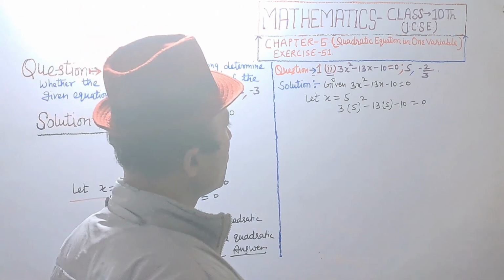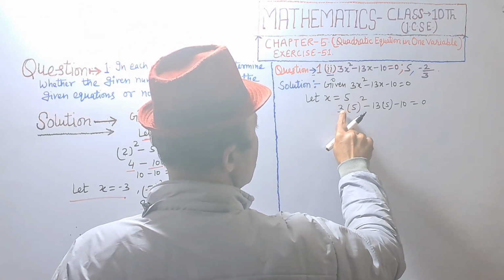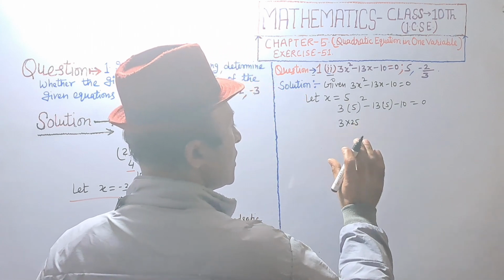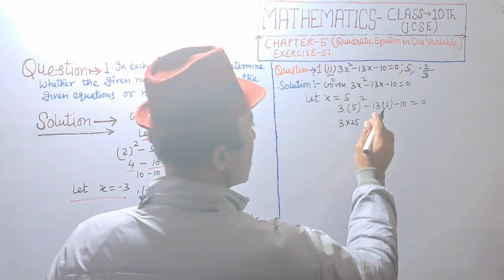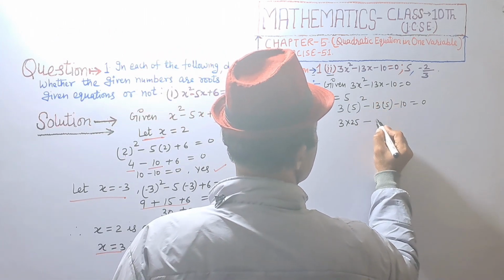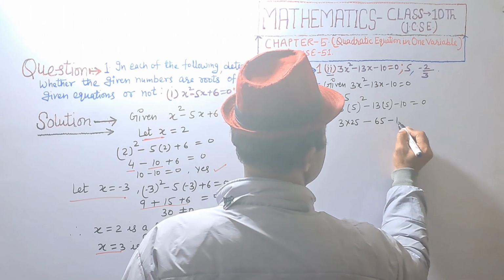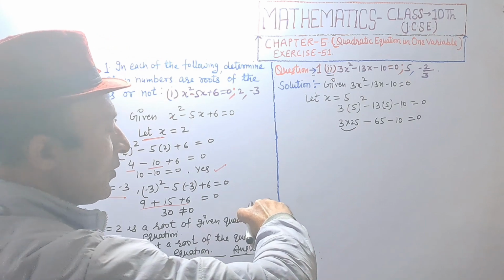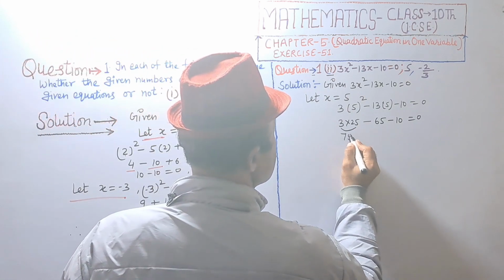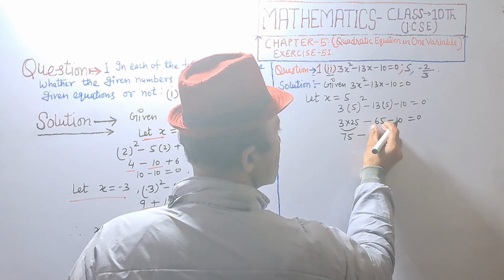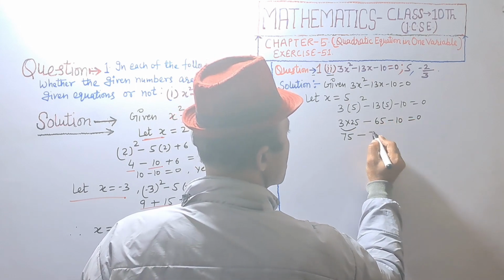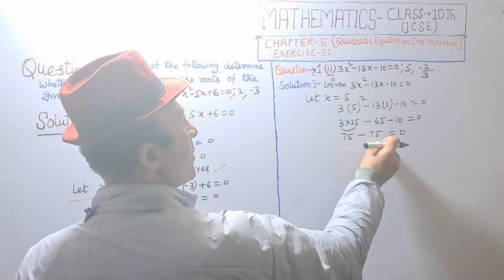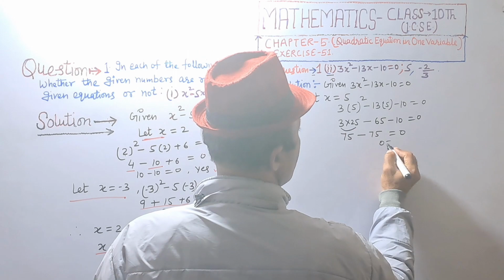But 5 raised to power 2 is 25. 25 into 3 is equal to 75, and 13 5s are 65 minus 10 is equal to 0. 75 minus 65 minus 10, that is 75 minus 75, that is 0. 0 equal to 0.